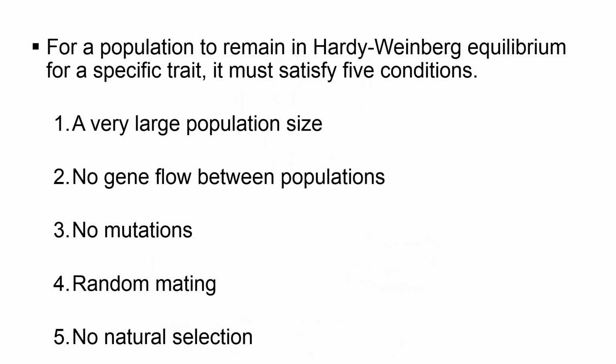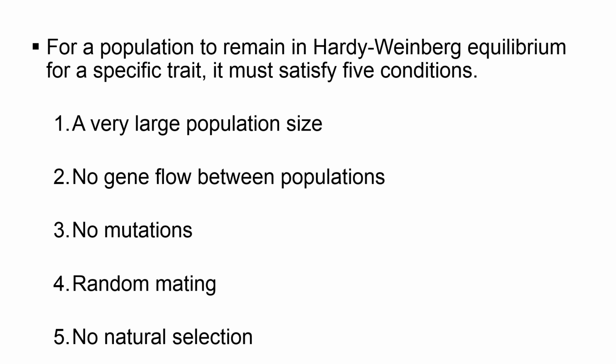Now, there are some conditions that must be met for a population to not be evolving, or to be in equilibrium. It has to be a very large population size. There has to be no migration into or out of that population. There has to be absolutely no mutations, not even silent mutations.